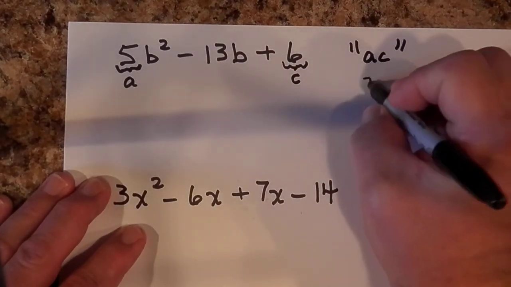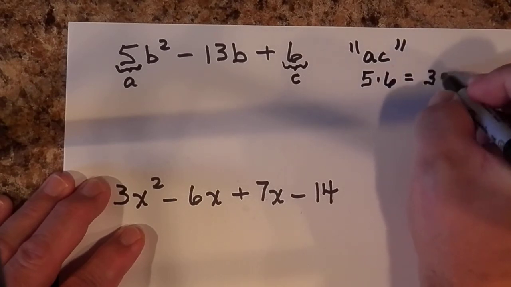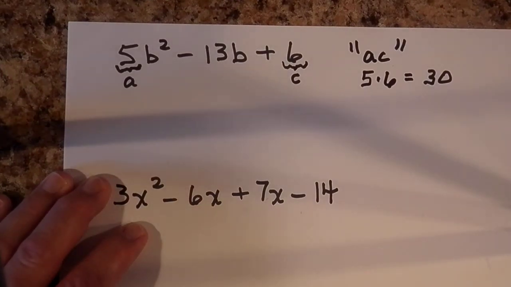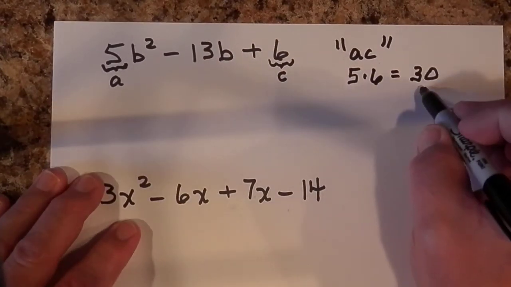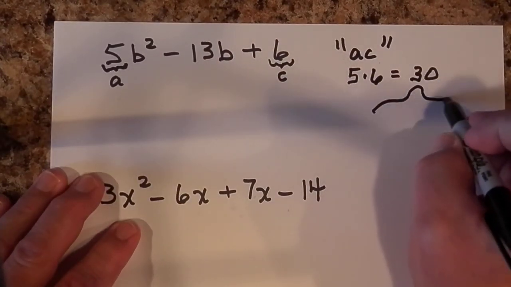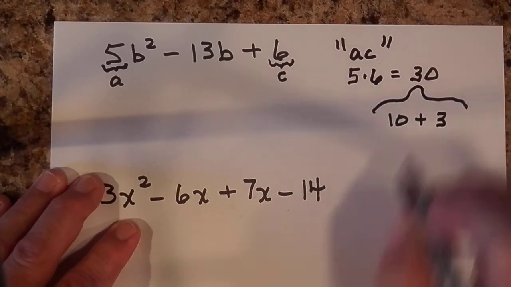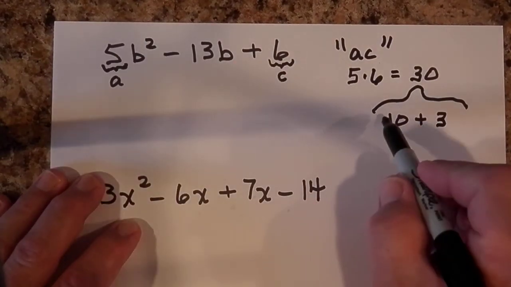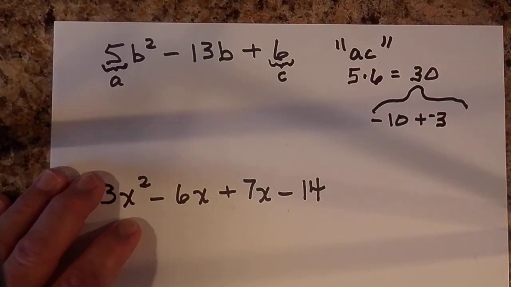So I've got 5 times 6, which is 30. The process with the AC method is we want to examine factors of 30 that add up to 13. Well, 10 plus 3 is 13. I want negative 13, so I'm going to make this negative 10 plus negative 3. And that gives me my negative 13b in the middle.